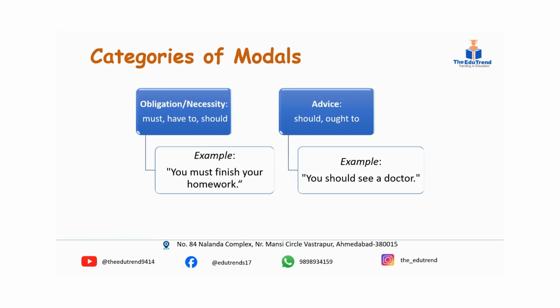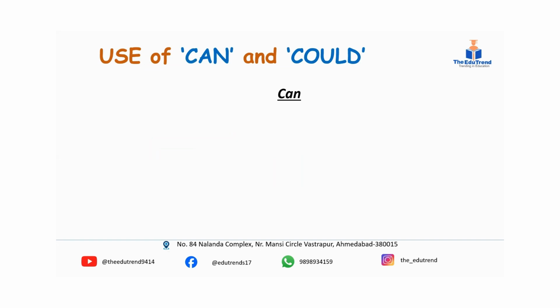Okay. Moving further, we are talking of can. As I said, we have the capability when we say can. I can swim because I have learned swimming. I know how to swim. Okay. I can cook good food. Because of experience, I'm very confident about cooking good food. Okay. I can't climb a mountain because I'm not a person who goes trekking every now and then.